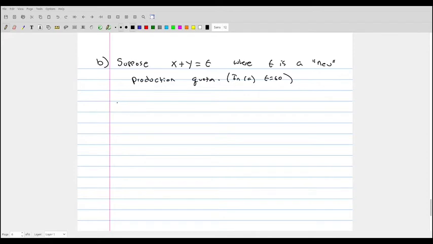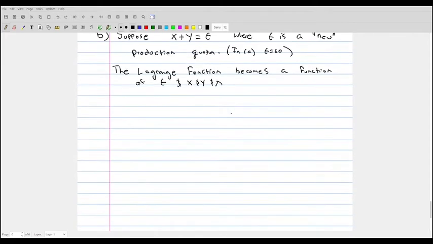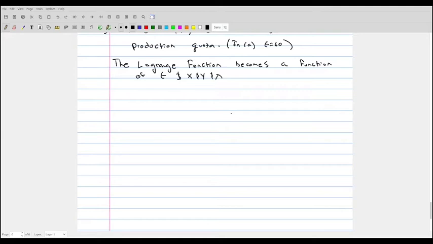We still have our Lagrange function, but the Lagrange function becomes a function of t and still of all the other variables as well. So x, y, and lambda. And what also is a function is actually x, y, and lambda are functions of t.